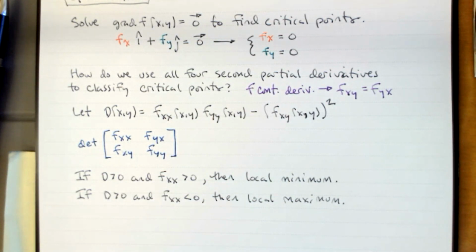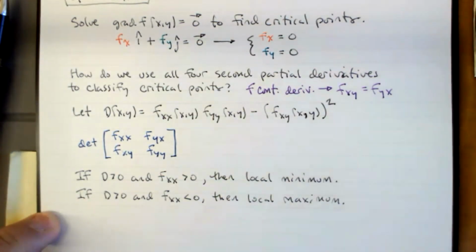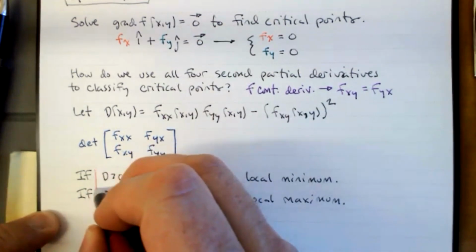Here's where you can see the concern about all four. If D is positive, this is making the signs of fxx and fyy the same. So notice that when we say D is positive, that means fxx and fyy must have the same sign because of what we're calculating.